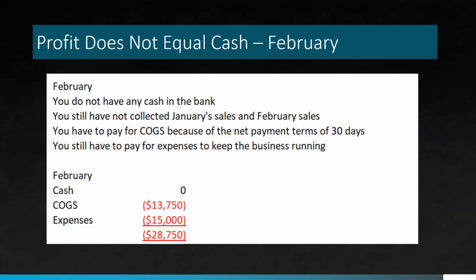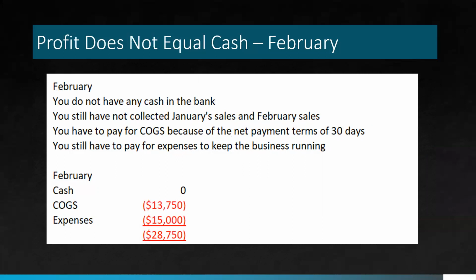So what happens in February? You don't have any cash in the bank because in January you went through that $15,000. You still have not collected the revenue from the sales you made in January because it's net 60, which would mean 2 months. And you haven't collected the sales from February because again, it's net 60.